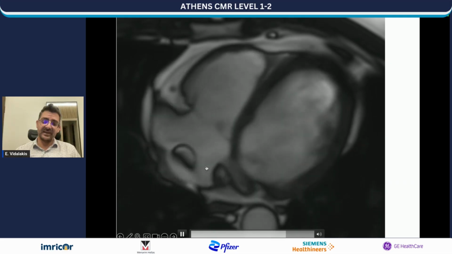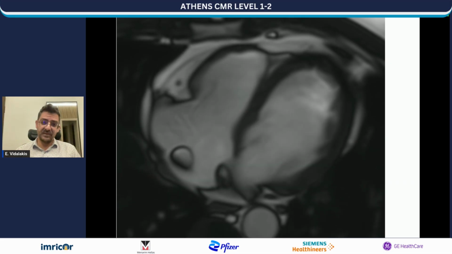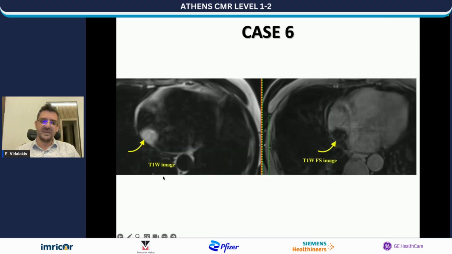It has high signal intensity on the balanced SSFP cine images. Here is the T1 weighted image, and as you see, it is bright white like the fat. And when we apply fat suppression, the mass is suppressed, like the fat.